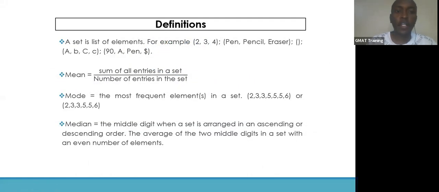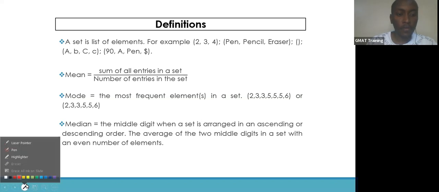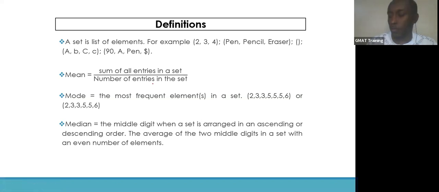We explained in our previous video what a set is and what the mean is, so let's do a refresher. A set is a list of elements, for example 2, 3, 4, or pencil, pen, eraser.